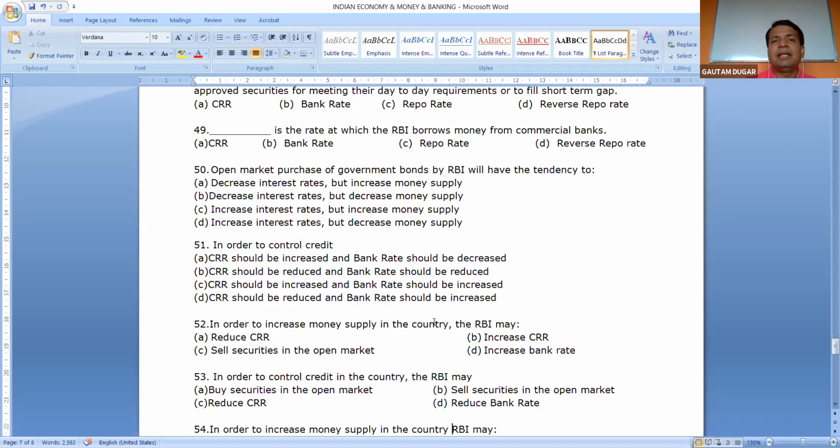And we understand if the money supply increases, the rate of interest goes down. So answer is A, 50. It will decrease the interest rates but increase the money supply. Next, 51.